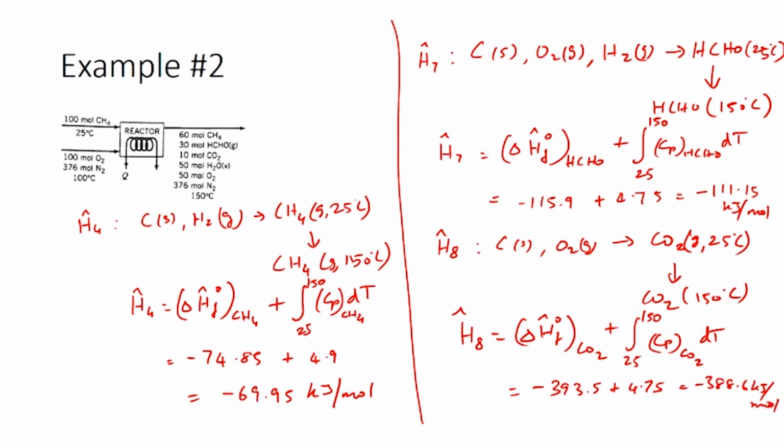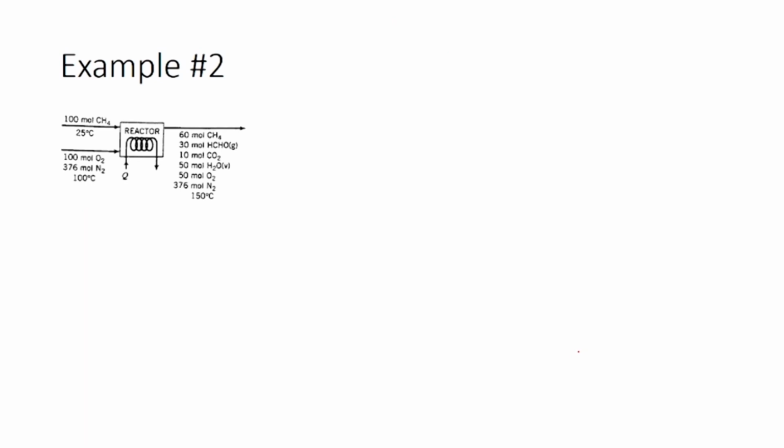This second term, integral Cp dt, could also be obtained from combustion tables, because the enthalpy of carbon dioxide at 150 degrees Celsius compared to 25 degrees Celsius can be obtained directly from that table.